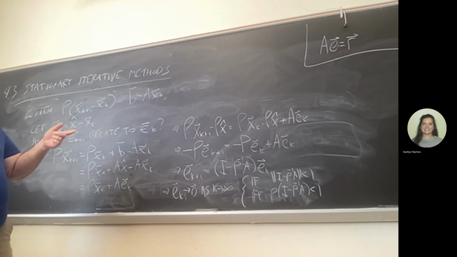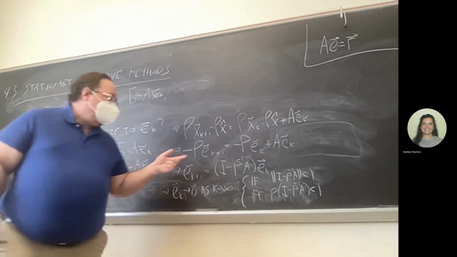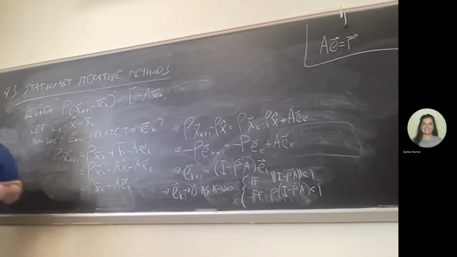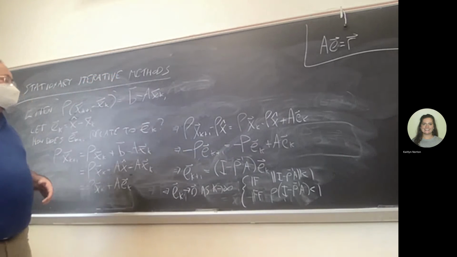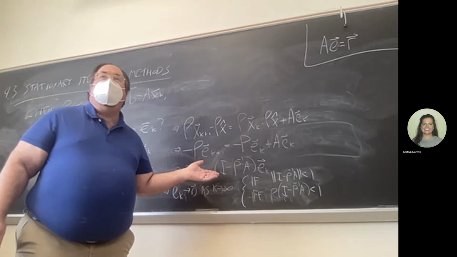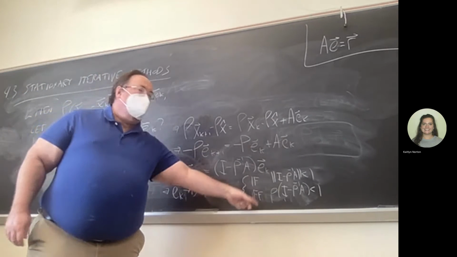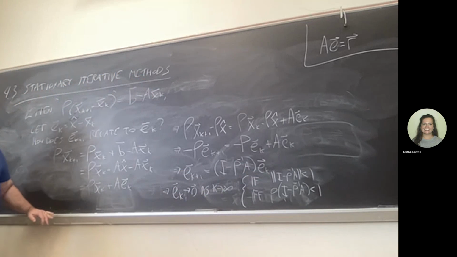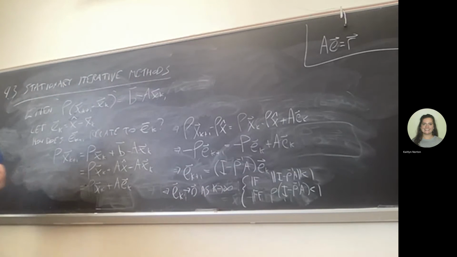And then we can see why. If you chose P equal to A, this matrix would be 0. That's the idealized impractical situation. If P was at least a decent approximation to A, you can see how this matrix would perhaps be small and therefore meet one or both of these conditions. So this gives us at least some guidance on how to choose P to get a convergent iteration.